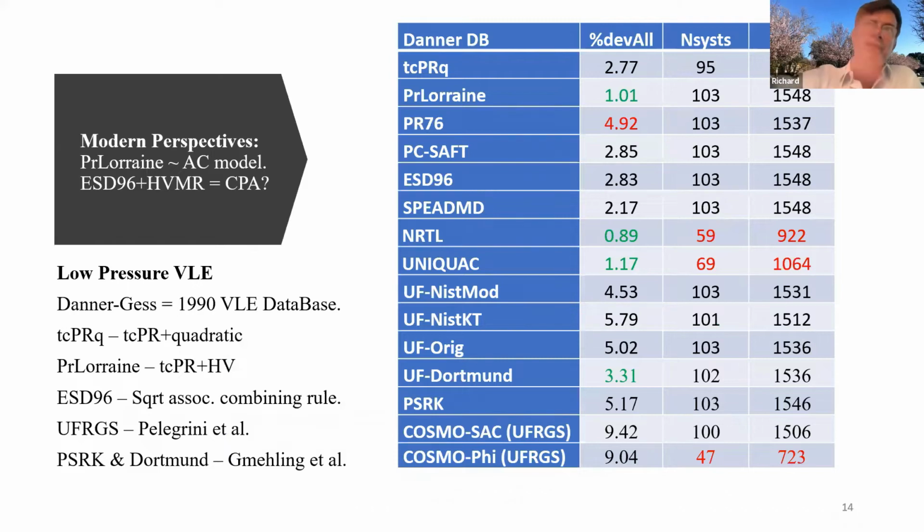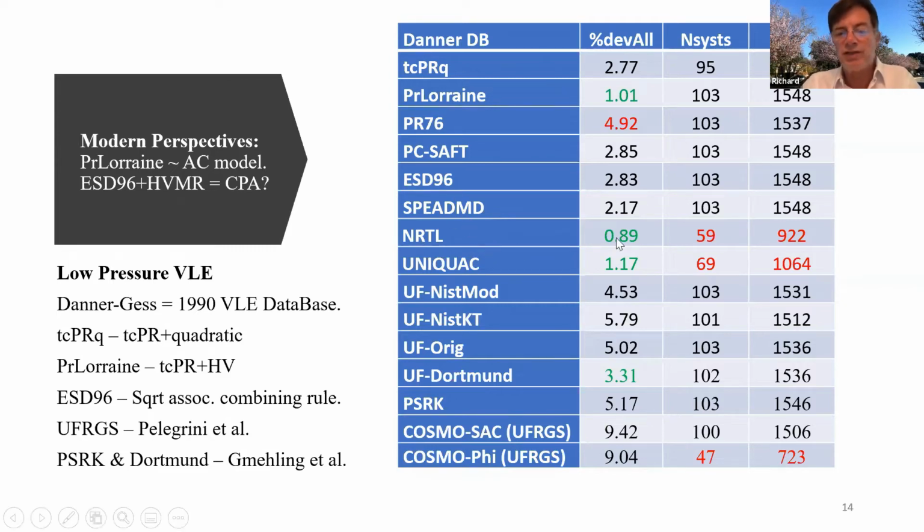So that database of Joubert covers low pressures and high pressures. There's an older database by Danner and Gess that just focuses on the low pressures that are maybe more interesting and more applicable for the activity models like NRTL and UNIQUAC, the methods that you're probably used to hearing about in applications of process simulators.